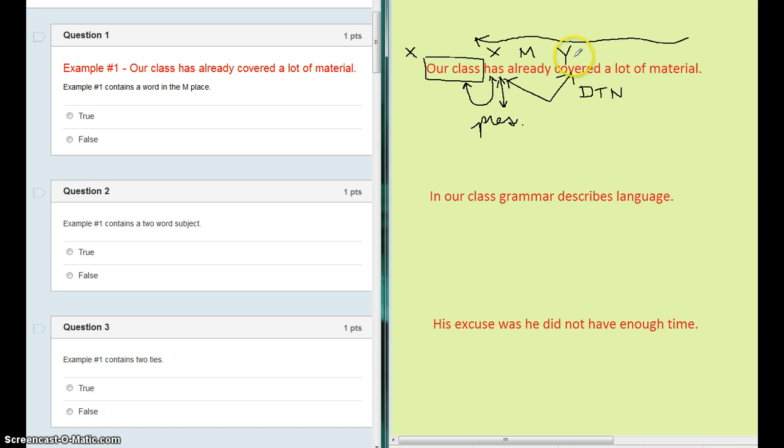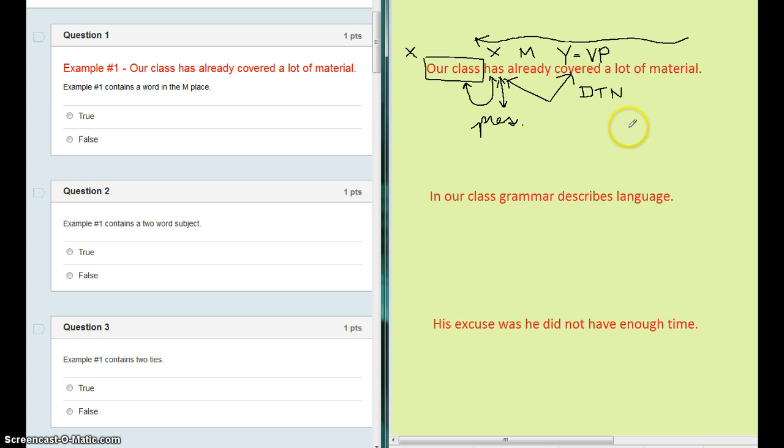Now also we're prepared to name the kind of phrase that we find in Y. So to name a phrase, we have to look for the most important word, or what we've been calling the head. In a verb, or in a phrase that begins with a verb form like this, and since the Y is the covered ties with the X word, it's the DTN form, we know that this group of words is a verb phrase.